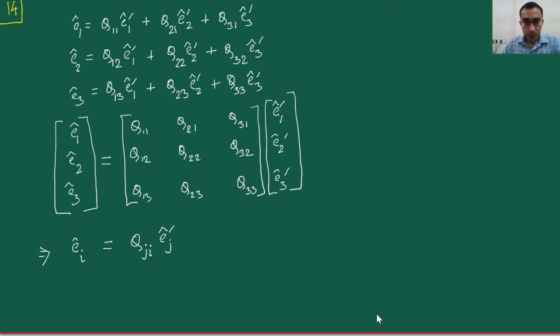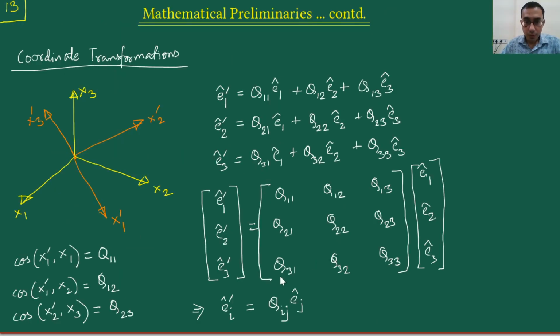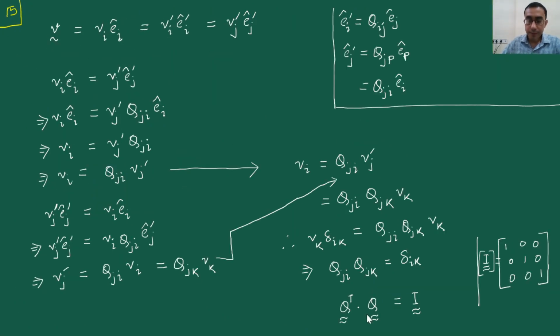So very explicitly speaking, this is our transformation matrix here, this entire 3 by 3 matrix. So that transformation matrix is orthogonal. Okay, so that's a very important fact.